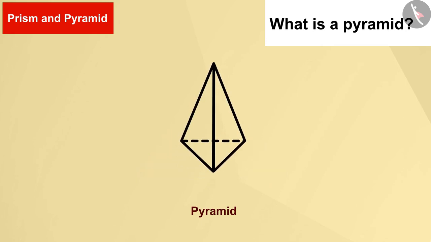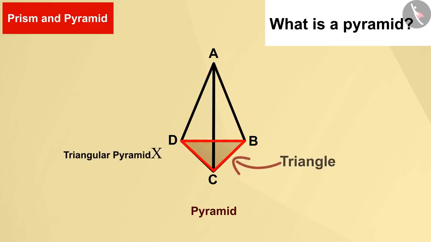It has 4 points, which we will write as A, B, C, and D. This solid has only one base, which is a triangle. It has 3 faces and all 3 are triangles. One on right, one left, and one back. It is a triangular pyramid because its base is a triangle.